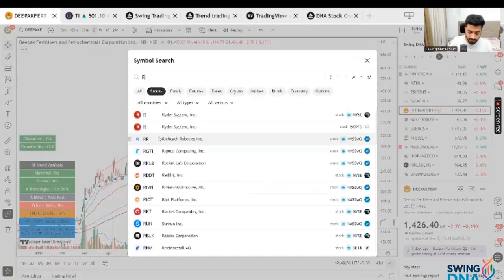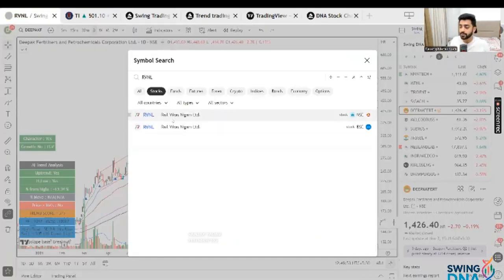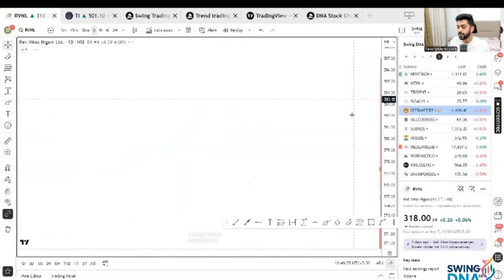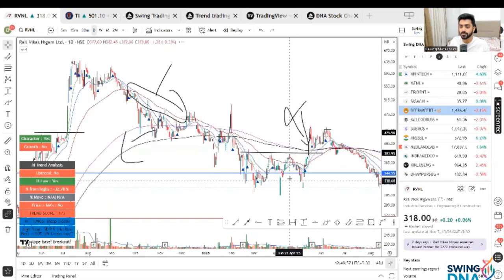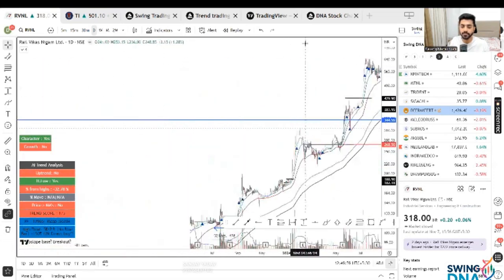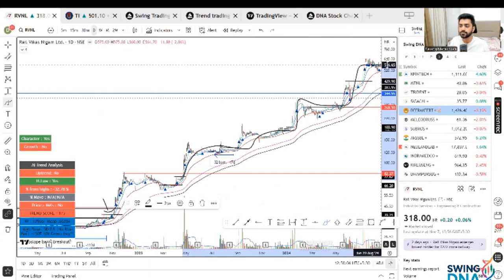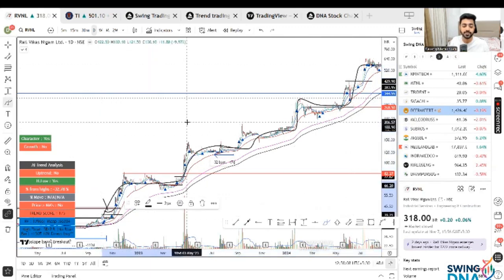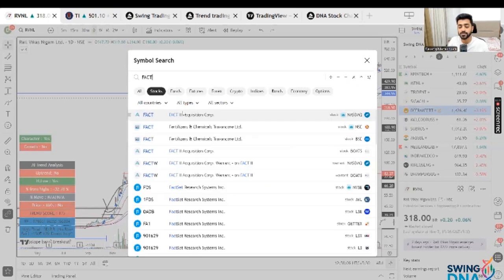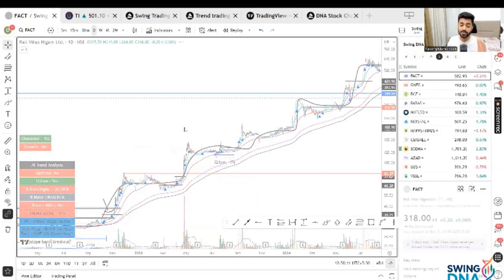On the other side, you have stocks like RVNL, like these FACTs and the stocks that moved at that point of time. Look up, staircase fashion. Moves up, went sideways, moves up, went sideways, moves up, went sideways. We discussed FACT also. FACT, RCF, NFL.